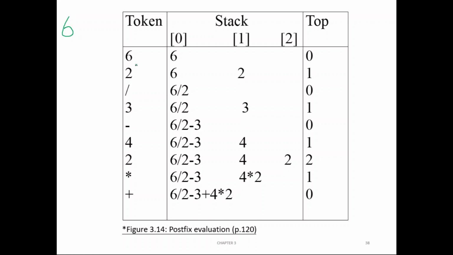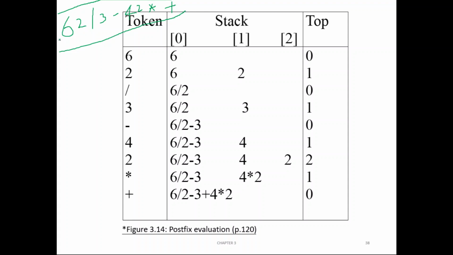For easy understanding, we are assuming all the numbers to be single digit numbers, not double digit. Let us assume this entire expression is available as a string, and using a stack we evaluate the expression.